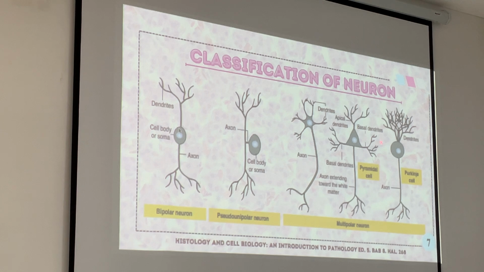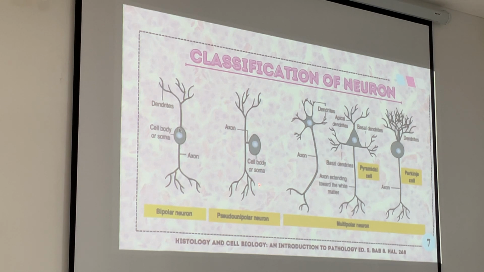And in the cortex cerebri, the shape looks like a triangle. That's what we call pyramidal cells. And in the case of the cerebellum, the shape is rounded, and the dendrites are mostly at one pole here.